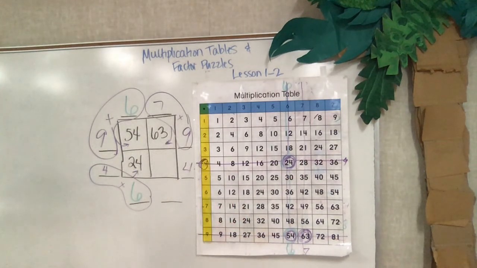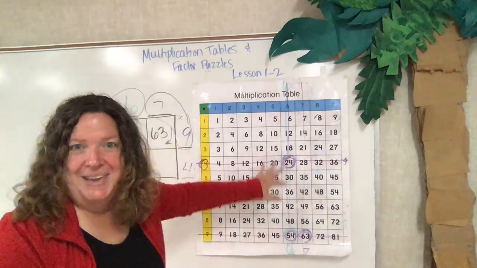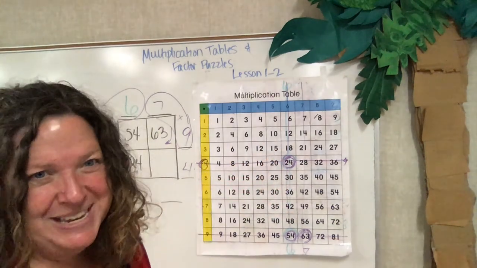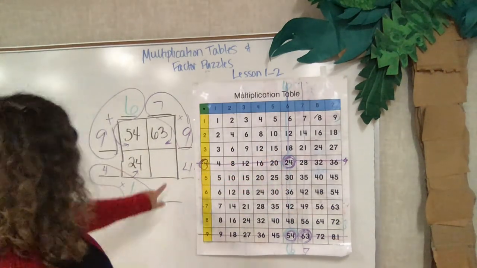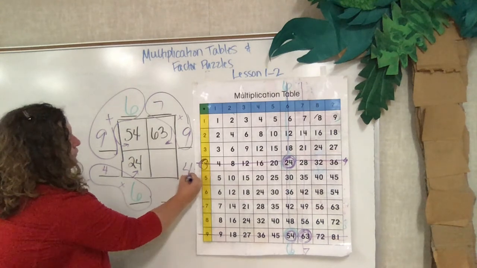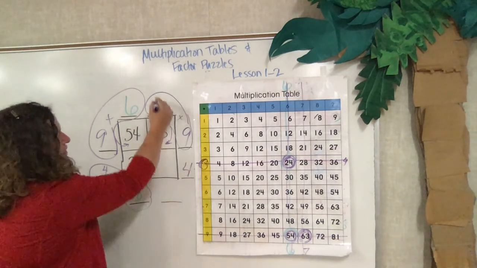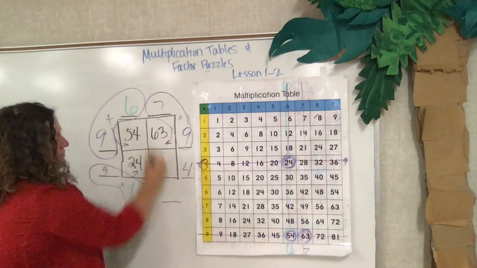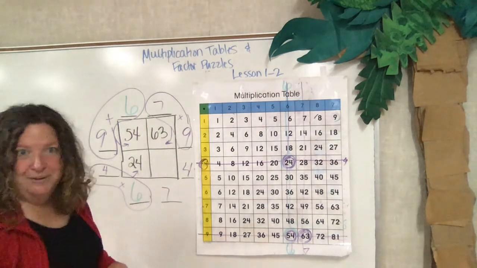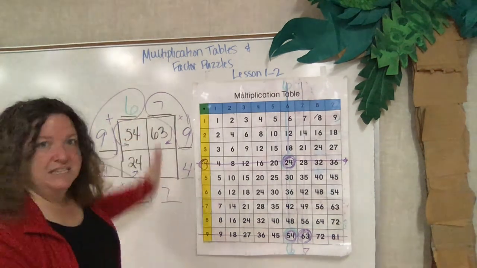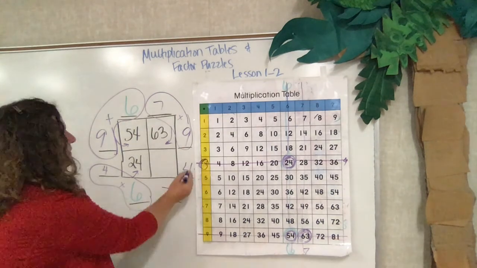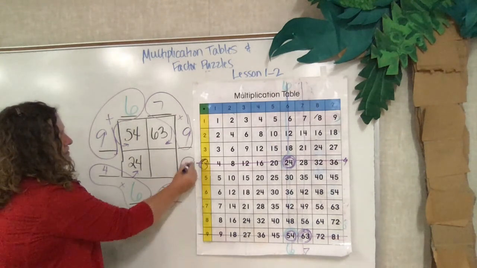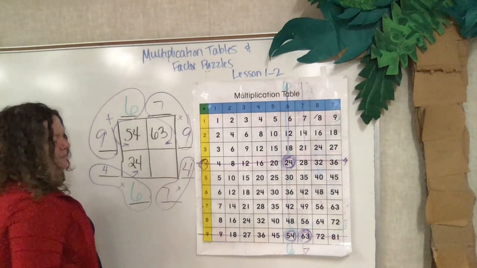Now, you might say, okay, well, visually, I can almost see where it is, but I'm still confused. Look at this. If it's in the 7 column up here, we know it's in the 7 column down there. The whole column is the 7s, multiples of 7. 7 times 4. What is 7 times 4?